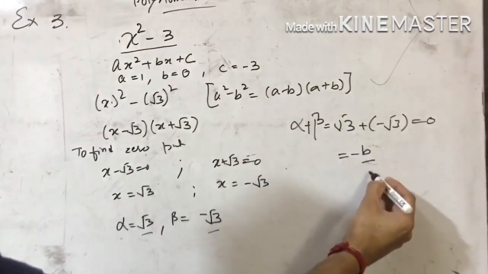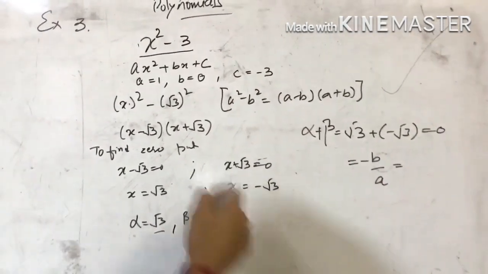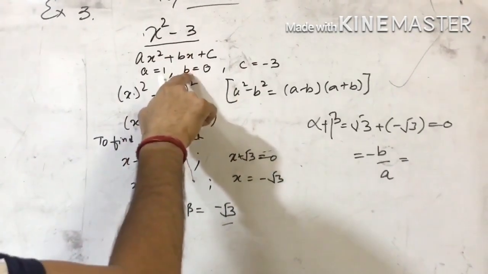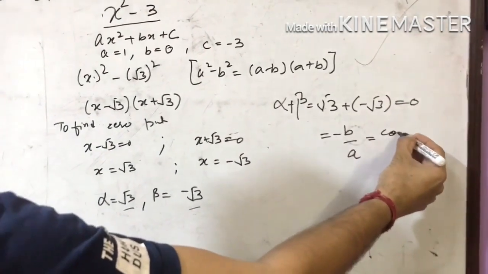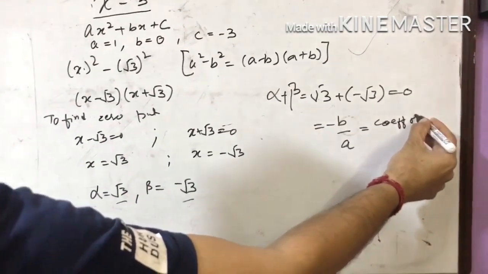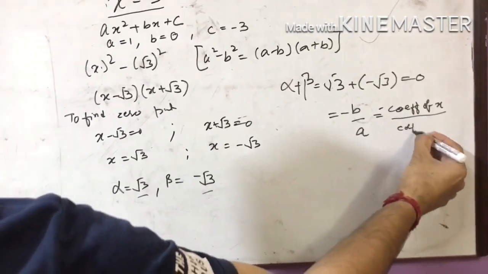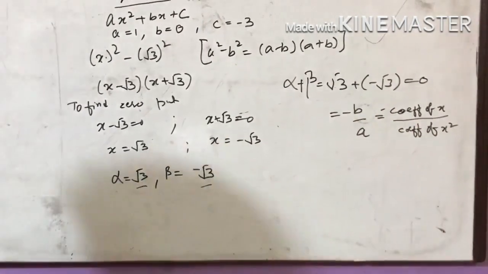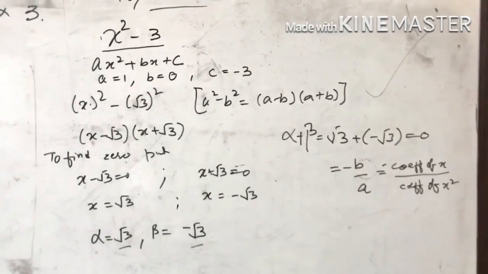That will be minus b by a, as the coefficient of x is 0 here. So the value of b is 0. So you can write it as minus coefficient of x divided by coefficient of x square. So you have proved the relationship for the sum of roots.